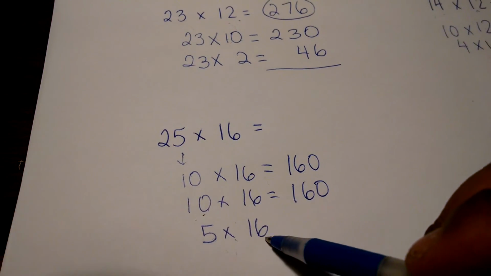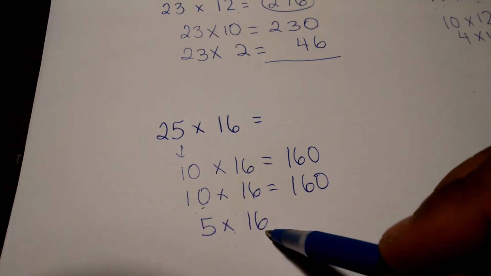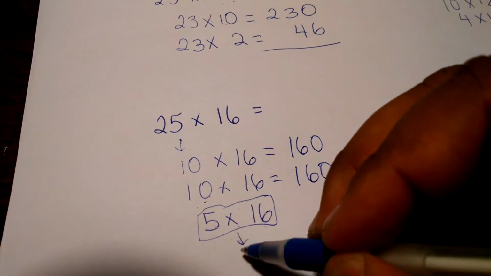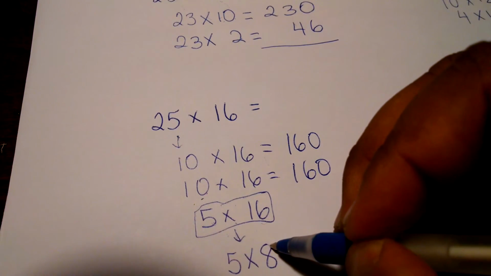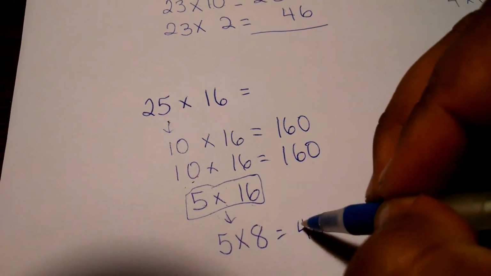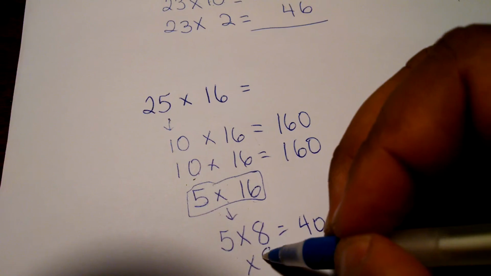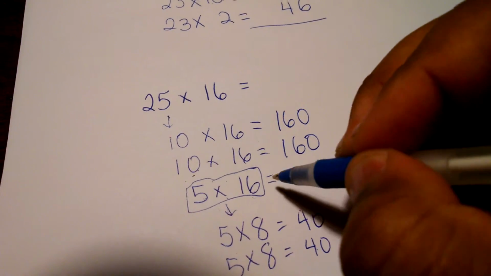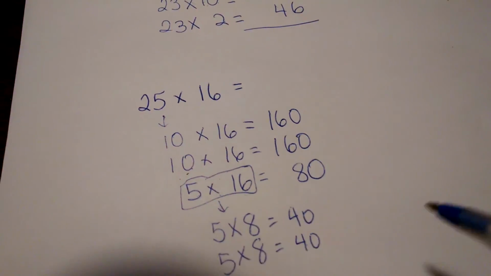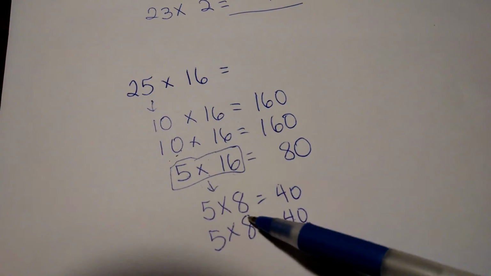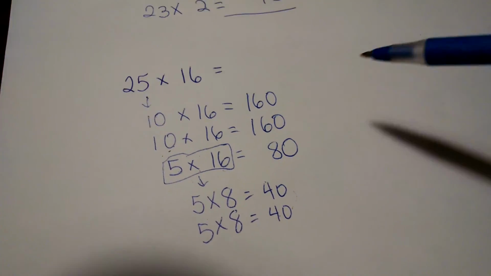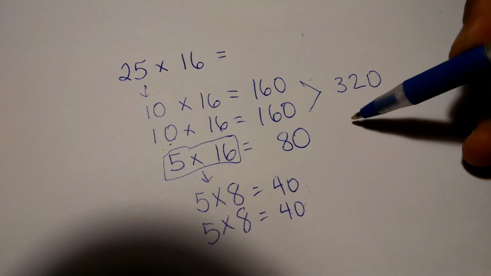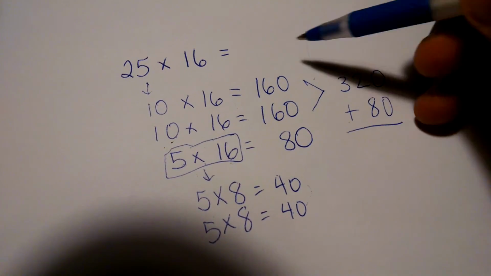But this, you may not know this fact right away. So you could split the 16. You could take this part and split it again. You could do 5 times 8. And that's 40. And 8 and 8 is 16. So another 5 times 8 is 40. Well, 40 and 40 is 80. So I can split another fact, if I need to, into smaller facts. And 160 and 160, that's 320. Plus the 80, that gives me 400.